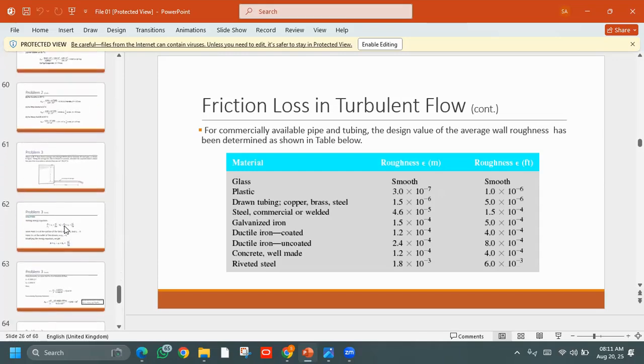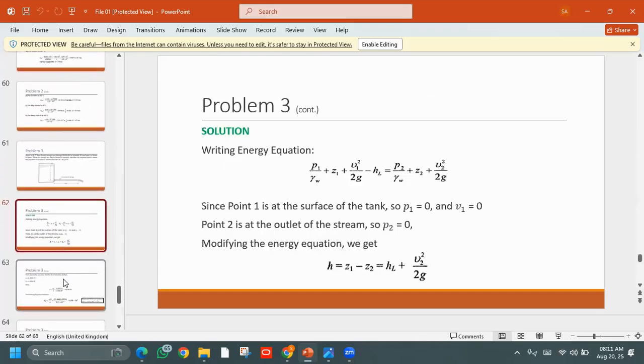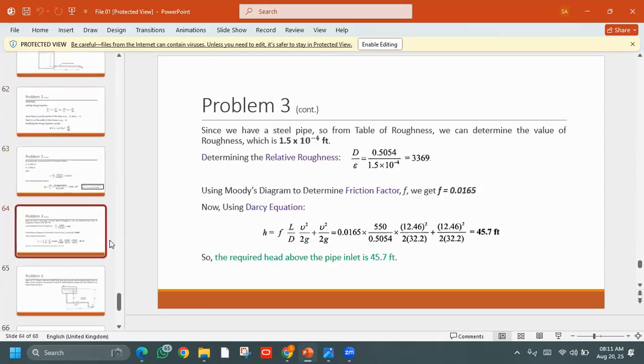the friction factor. What we have is the ratio of the diameter of the pipe and the roughness, that is called relative roughness. The value of relative roughness equals 3369.